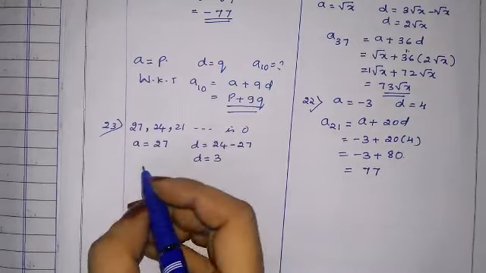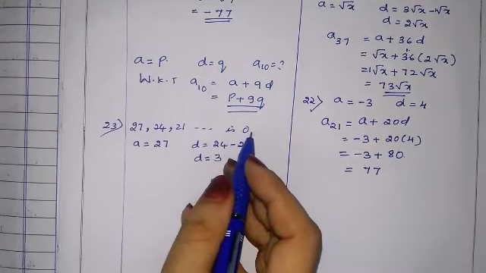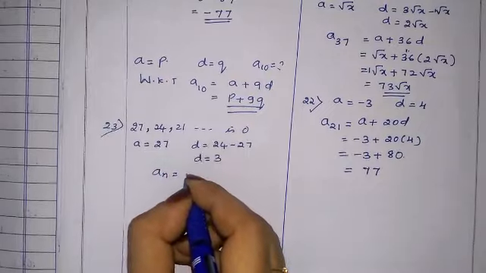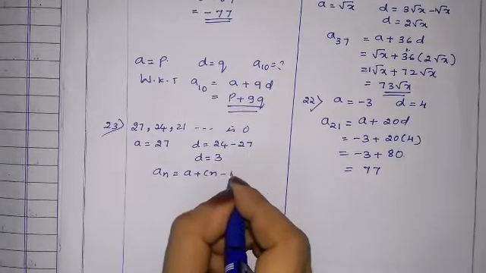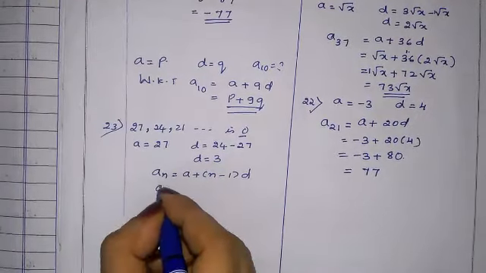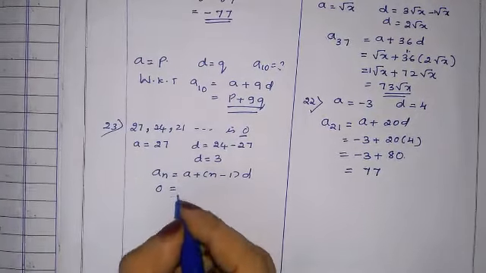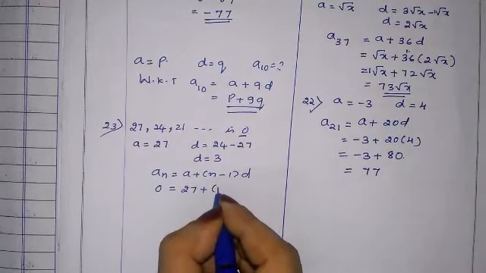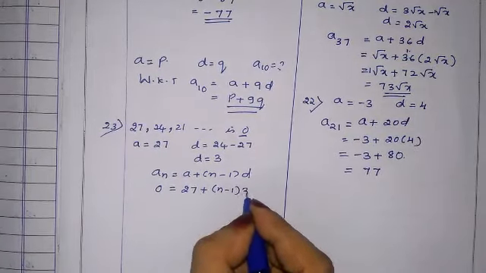Okay. Now, which term of the AP is 0? an is equal to a plus n minus 1 d, because we only don't know n here. But the last term is 0. an is equal to 0. a is 27 plus n, which we don't know, minus 1, d value is 3.